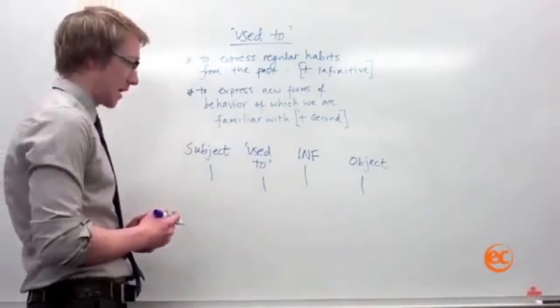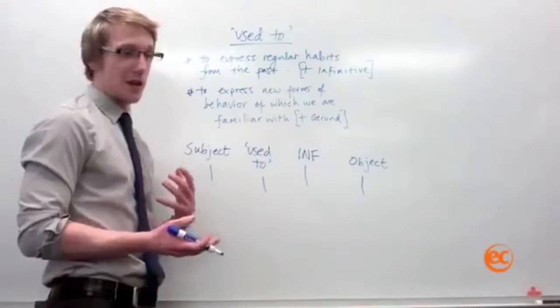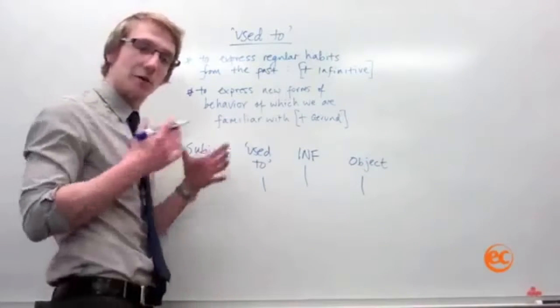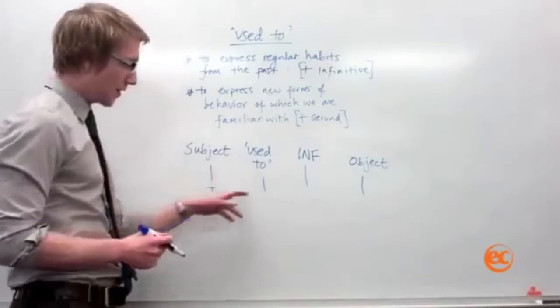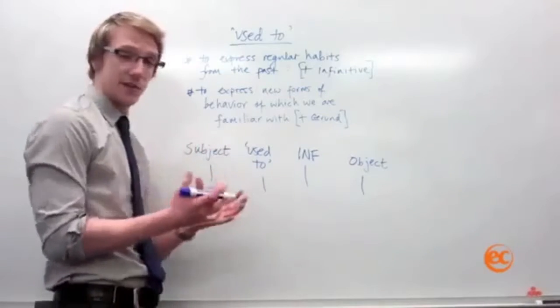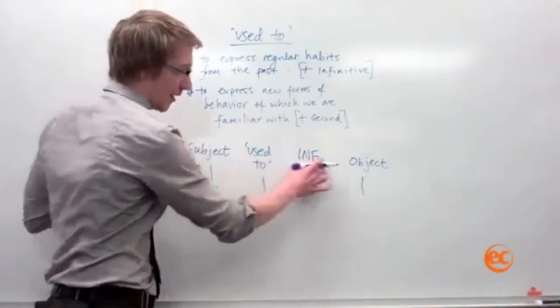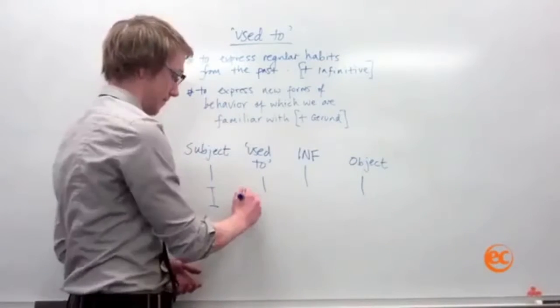First we'll take our subject, and this can be anything, but often we're talking about ourselves. So for now, we'll stick with I. We can then memorize this form, "used to," remember, again, as a fixed expression. So looking at our formula, we just need to put it down as we see it.